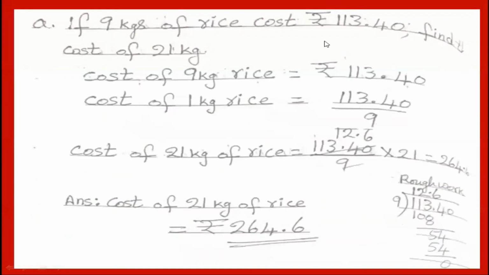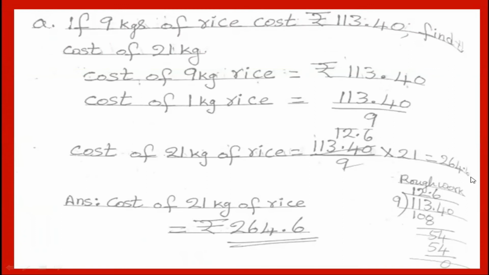Cost of 1 kg rice is equal to 113.40 divided by 9. Now, cost of 21 kgs of rice is equal to 113.40 divided by 9, which is 12.6 into 21. That is equal to 264.6.